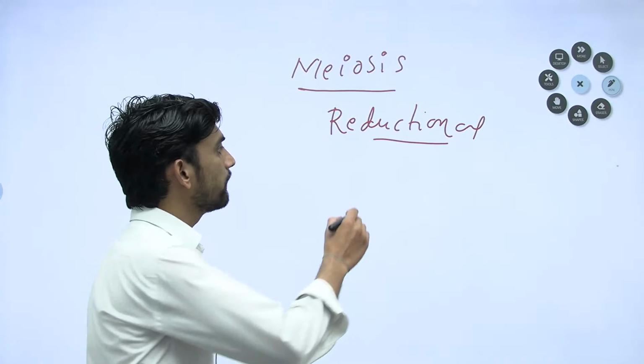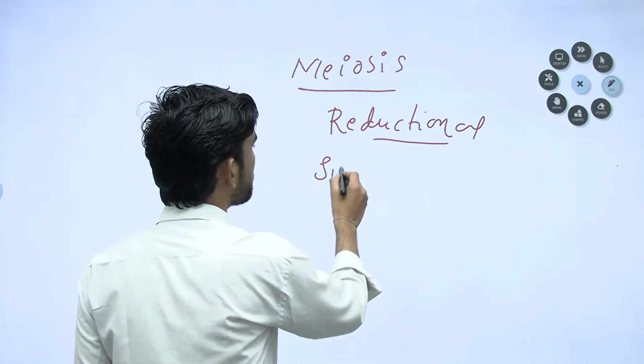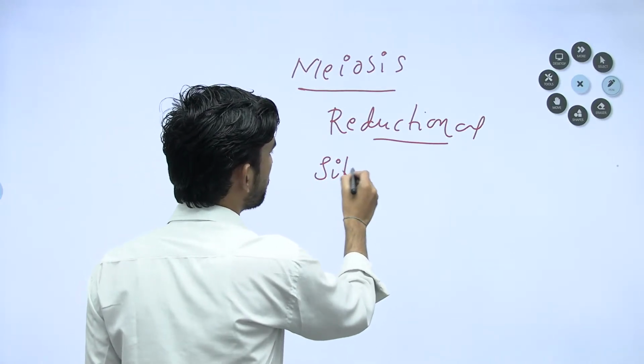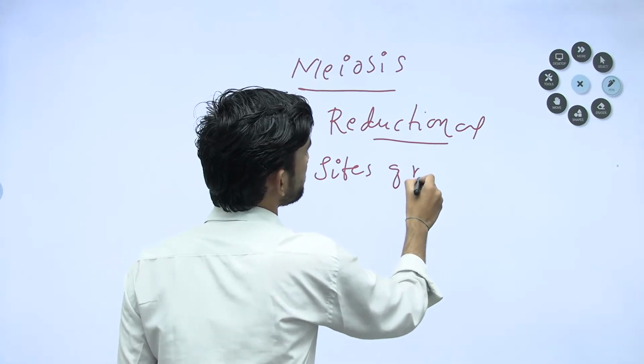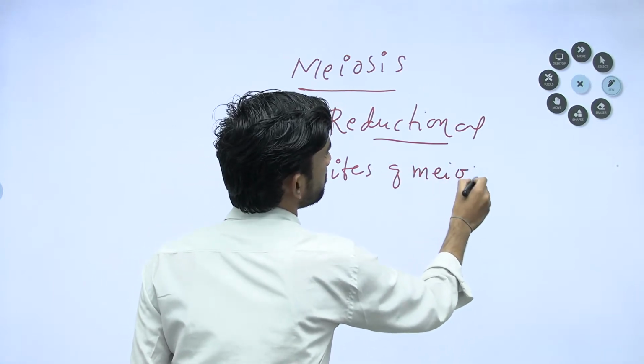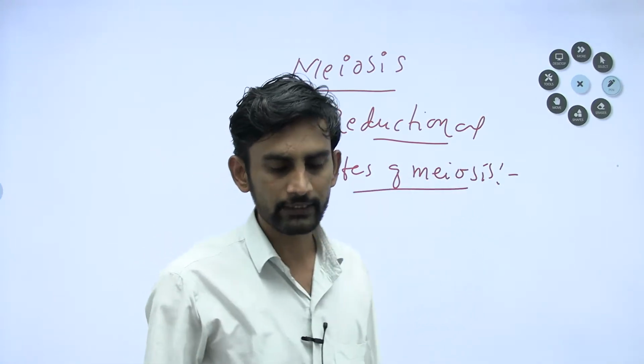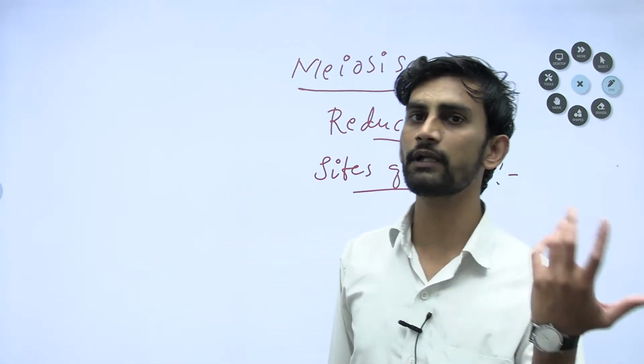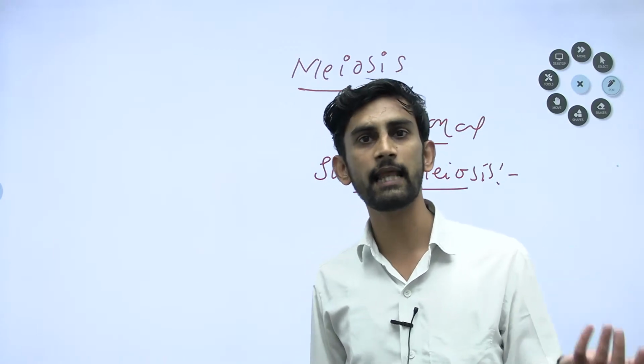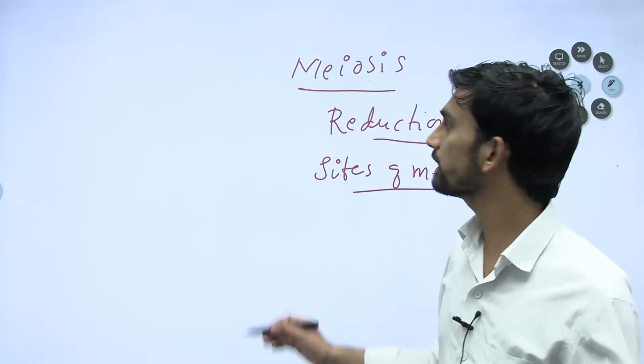So where will you find this meiotic cell division? Sites of meiosis. What are the different sites in animal cells as well as plant cells?